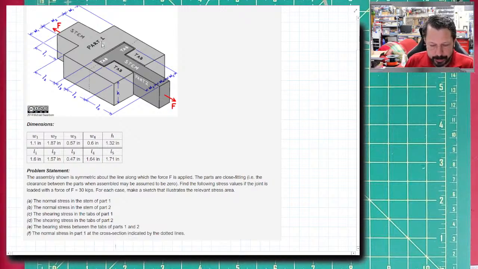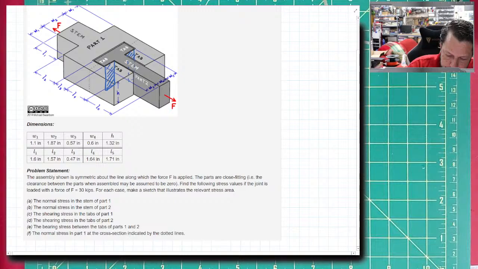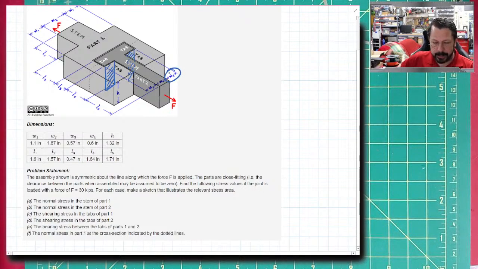So you've got to think about where these 2 pieces are trying to press against one another, and it's going to happen right here. So that surface and the one that's back there, those 2 surfaces, which are W3 by H area, and there's 2 of them. Those are being pressed against this part 1 tab.